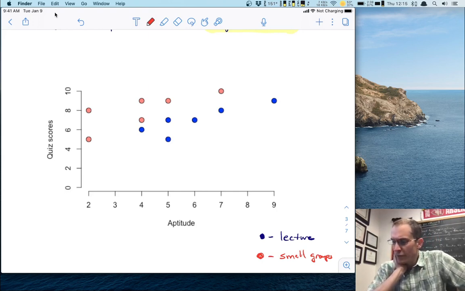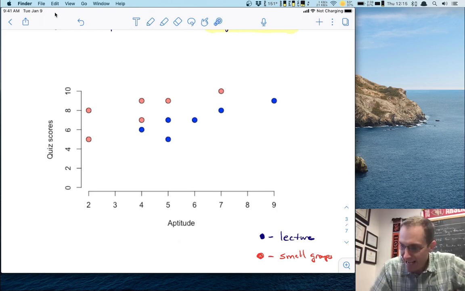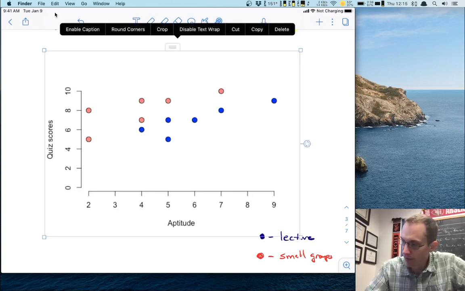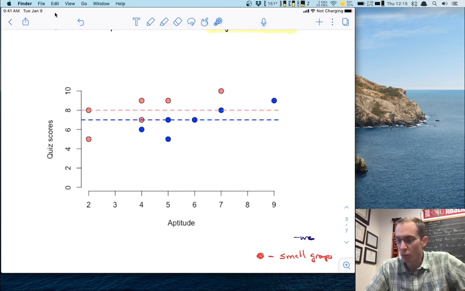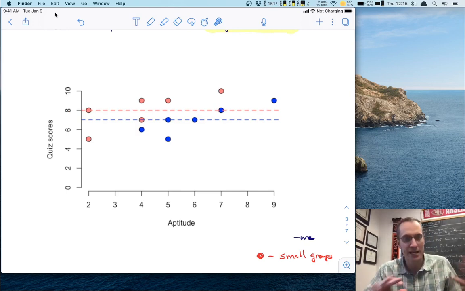Now the first thing that I want to show you is if we just ignored aptitude and just computed the mean quiz score for the red group and for the blue group, it would look like this. For the red group, you see that the mean would be equal to 8. I'm just denoting that by that little horizontal line going across there. The fact that it hits the y-axis at 8 means that's the mean of the group.